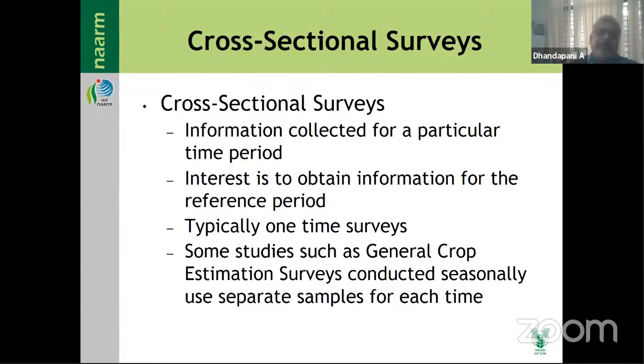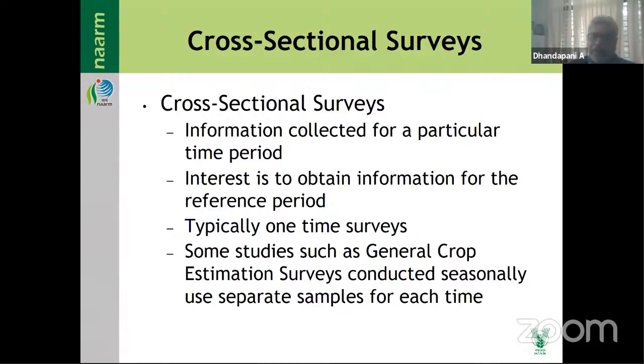If I am studying the income of farmers, I will be collecting the income of, say, last season, say Kharif 2019 or Kharif 2020. So we are going to fix this time period, and any information you target is going to be related to that particular time period.